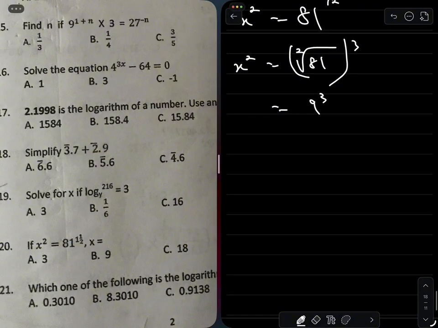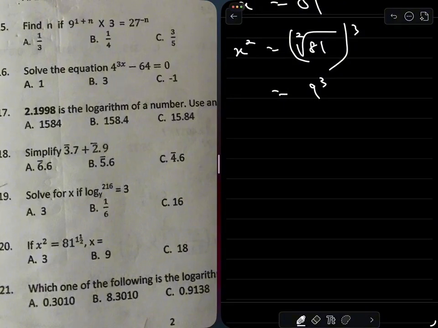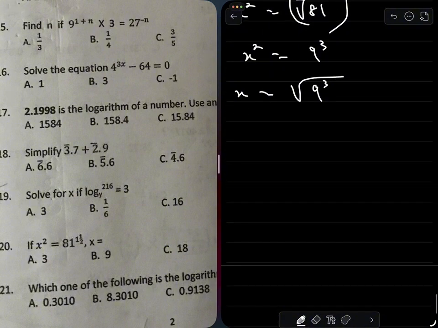Do you understand? So what does that mean? You don't need to write 9 raised to power 3. Let's do it this way. X square equals 9 raised to power 3. So x itself will be the square root of 9 raised to power 3. If x square equals 4, x is the square root of 4. Square root means raised to power half.